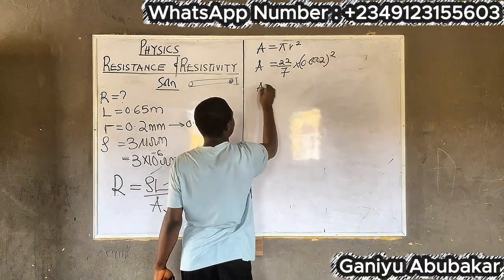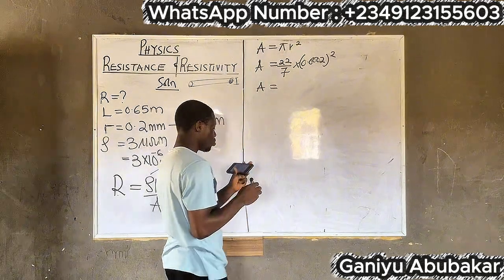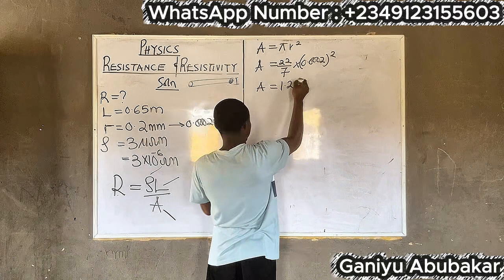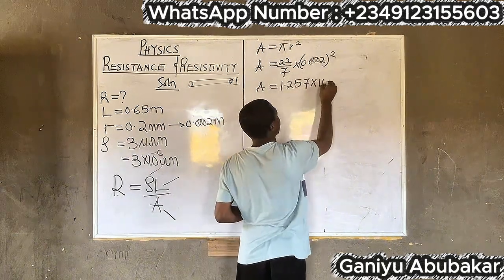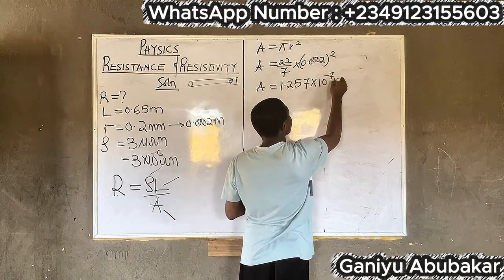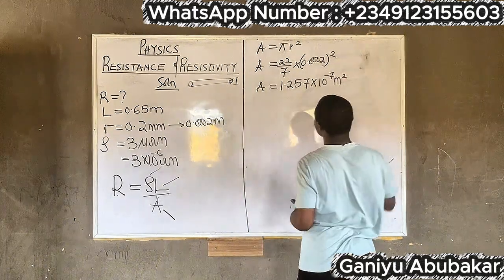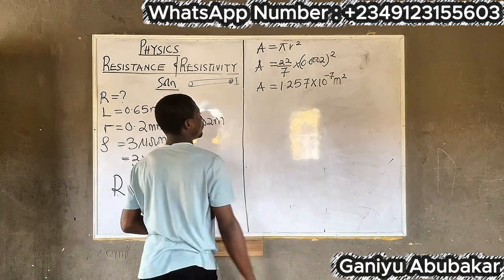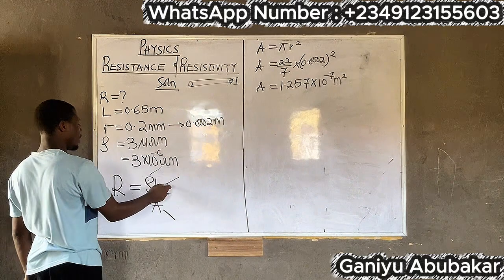This gives our area as about 1.257 times 10 to the minus 7 meter square. That's my area. So I know rho, I know length, and I know area now.